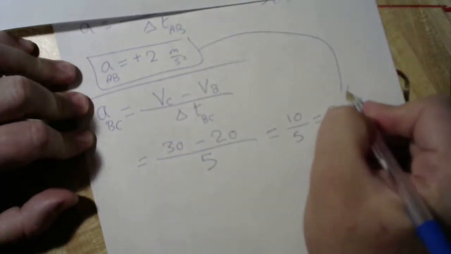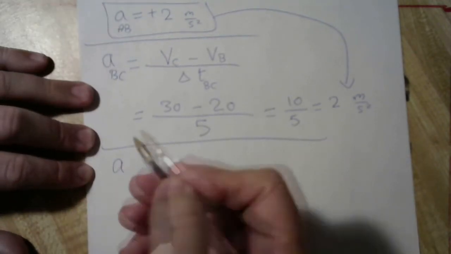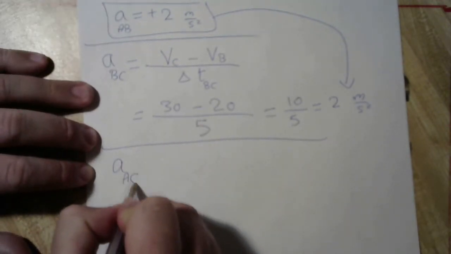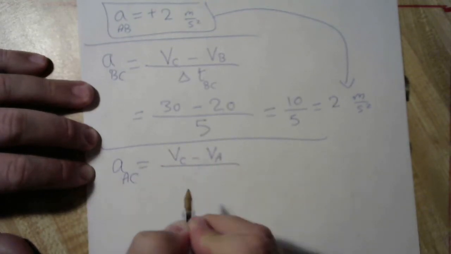Now what if I need to compute the acceleration, or the average acceleration, between A and C? It will be equal to Vc minus Va, just like that.